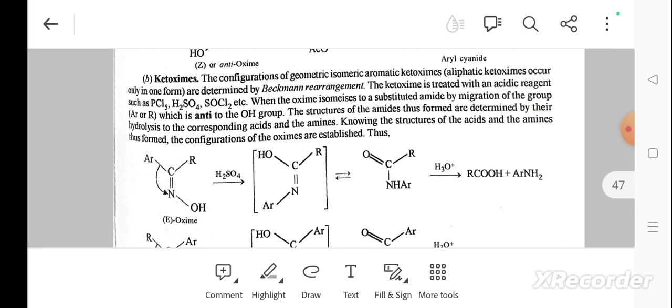Ketoximes. The configurations of the geometrical isomers of aromatic ketoximes, aliphatic ketoximes occurring only in one form, are determined by the Beckmann rearrangement.